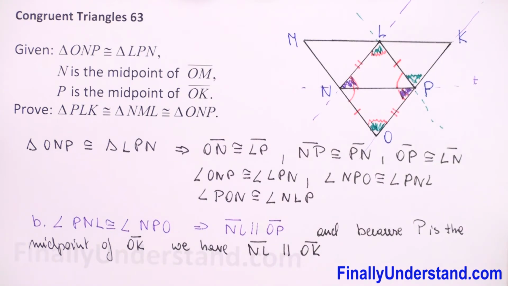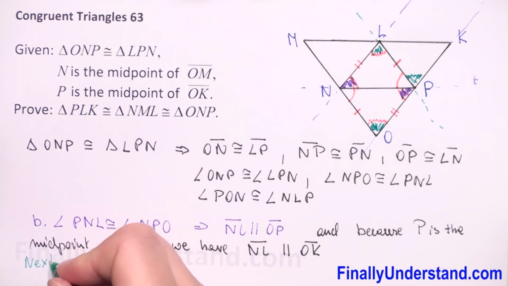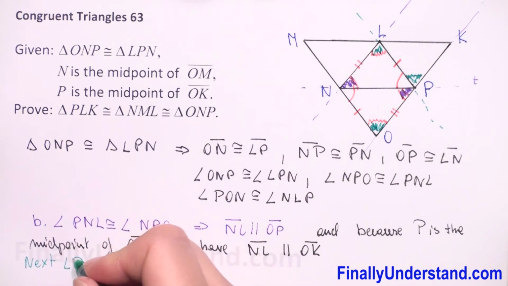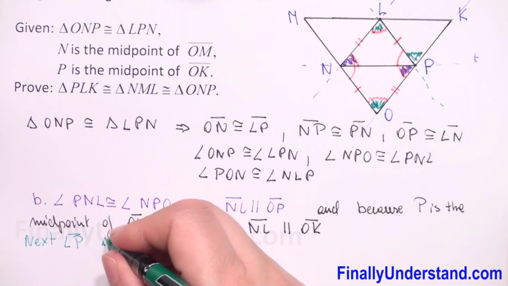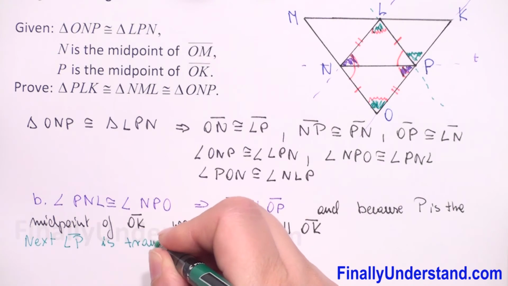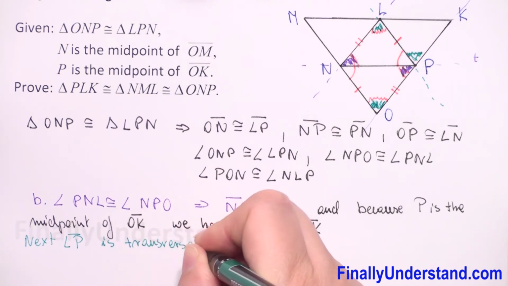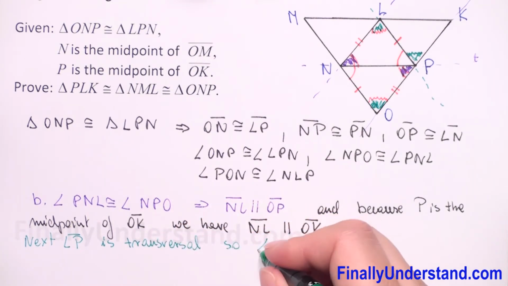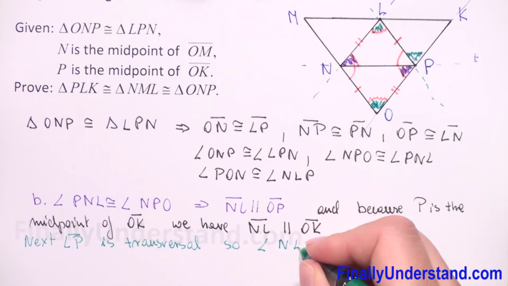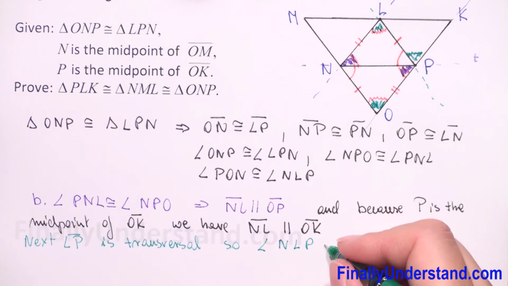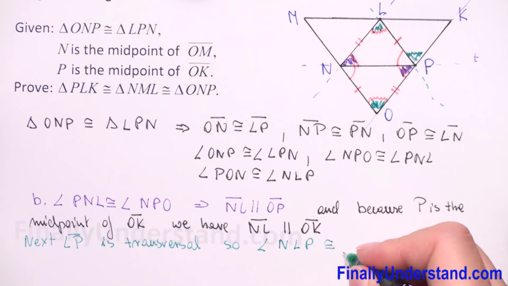So let me write this, that next LP segment is a transversal, so angle NLP is congruent to angle KPL.